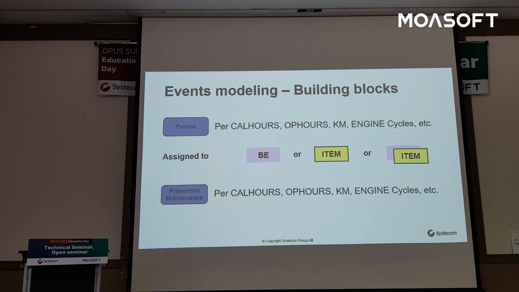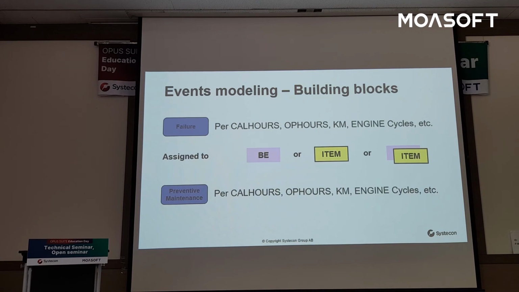Okay, the other part of the event section: if the failures are the random events, then we have what we call preventive maintenance. Those are scheduled events. So those are the ones prescribed in your maintenance plans, saying that every 500 operating or flight hours, we need to stop and we need to do X, Y, Z. Okay?